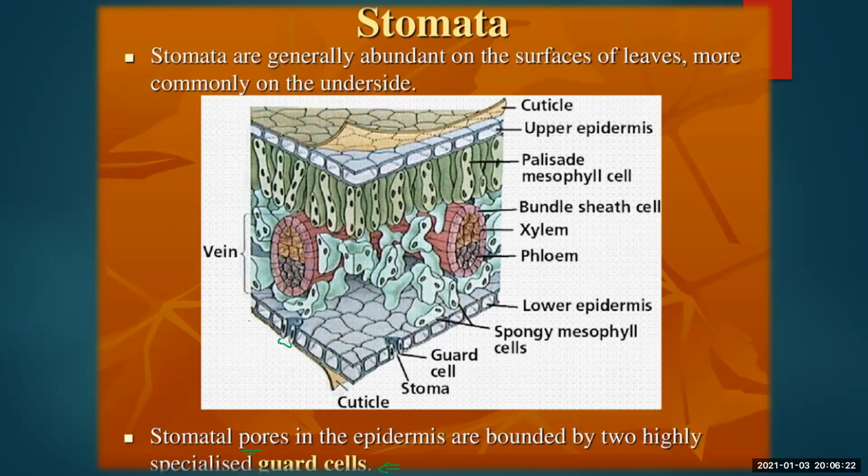So here also you can see, this is one guard cell and this is another guard cell and the stomata is between them, right? So this is the opening that actually maintains the exchange of carbon dioxide, oxygen, and water. And you can see one over here, right? They are present on the surfaces, but they're more abundant on the underside, right?